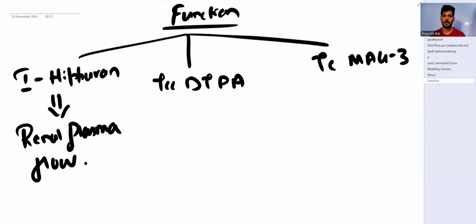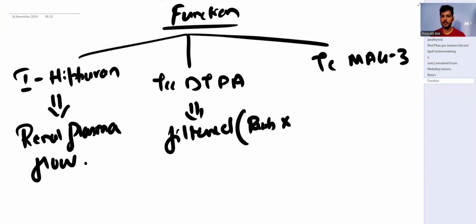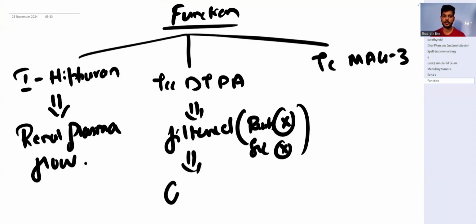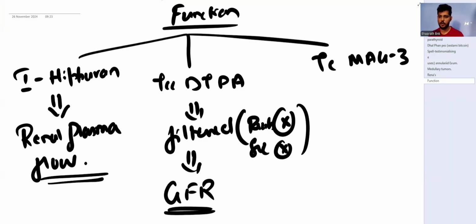Technetium DTPA is only filtered by the kidneys, and is neither reabsorbed nor secreted by the tubules. So it is only filtered by the glomerulus, and this is used to assess the glomerular filtration rate. Iodine hippuran is for renal plasma flow, and DTPA is for glomerular filtration rate. And MAG3 is the tracer of choice for functional abnormalities.